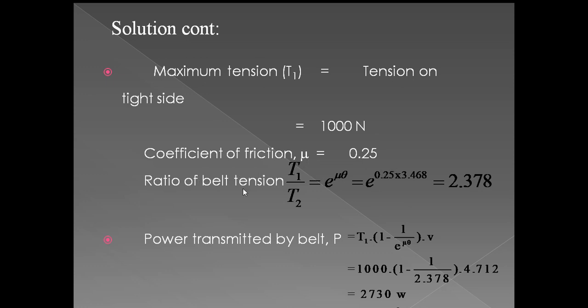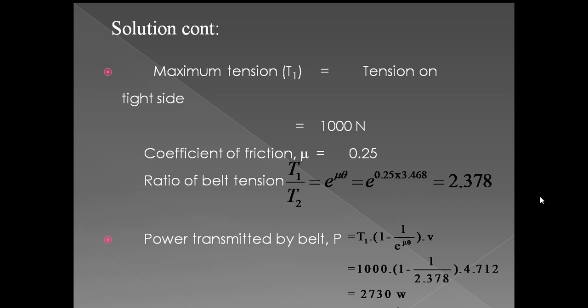The ratio of belt tensions T1 by T2 equal to e power mu theta, which is e power 0.25 into 3.468, the value of theta.